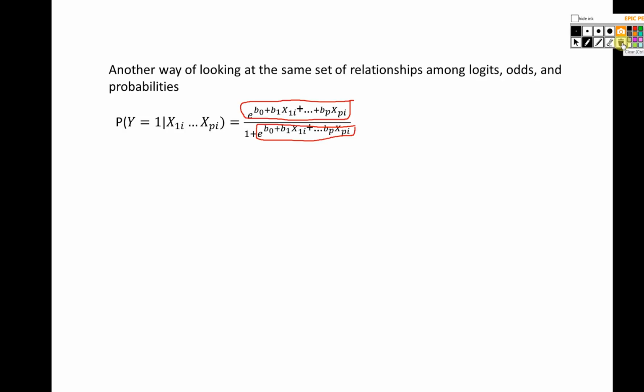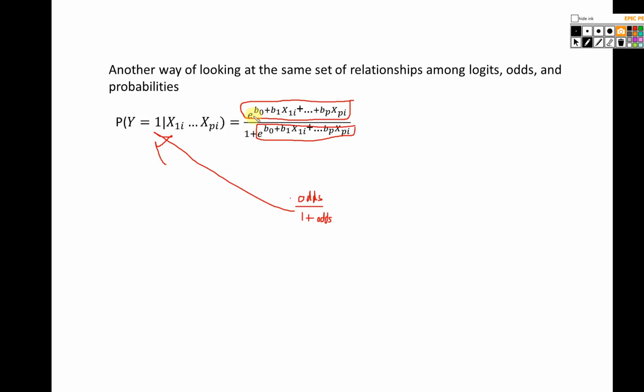All right, and we saw that if we take the ratio of odds, essentially the odds of falling into group 1, let me write this out here. If we say the odds of being in group 1 over 1 plus the odds of being in group 1, that yields a probability of being in group 1.